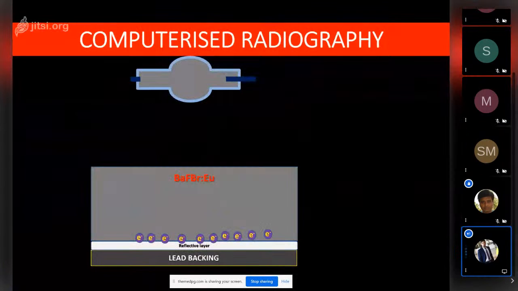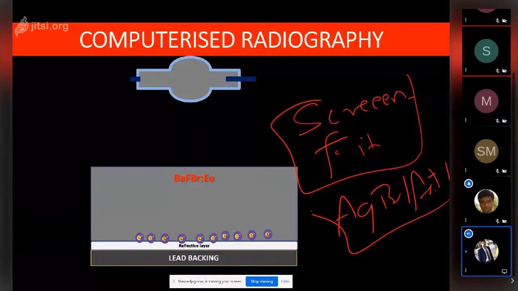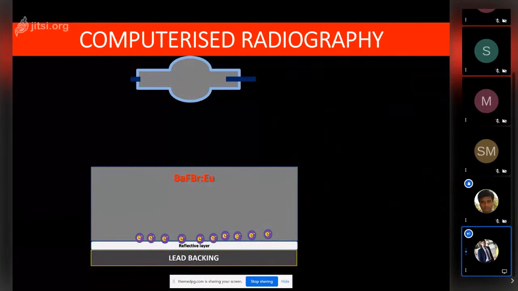Whatever we discussed till now is screen film radiography. It is made up of silver bromide or silver iodide screen. Now what we have is cassette radiography, or computerized radiography, in which whenever X-ray exposes the cassette, the electrons go from lower energy to higher energy.